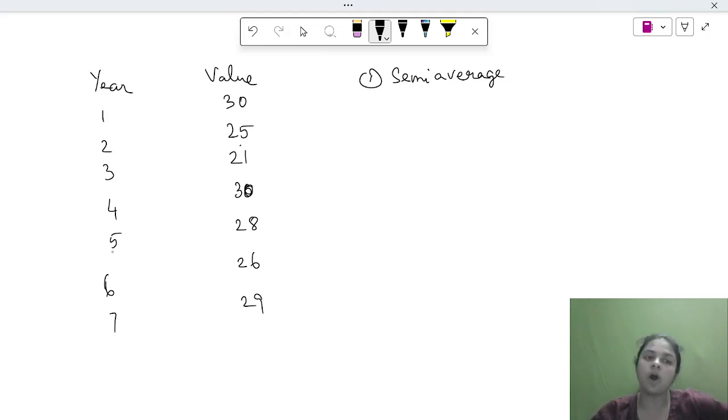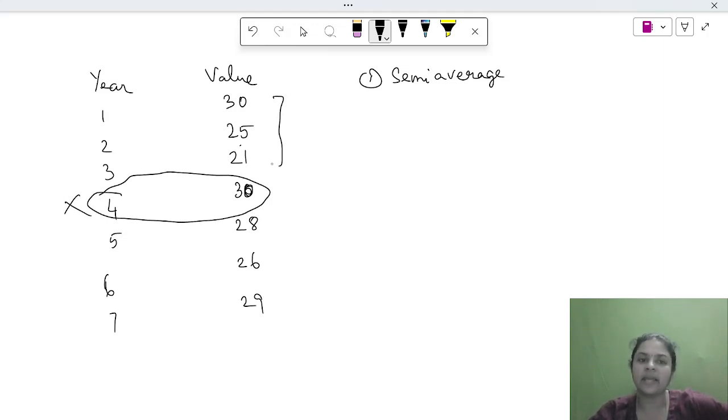Okay. So here it is odd. So when it is odd, what we need to do now? We need to ignore the middle year. Which is the middle year? 1, 2, 3, 4, 5, 6, 7. So the middle year is 4. Ignore it. Take the average of the first 3 and the last 3. So 30 plus 25 plus 21 divided by 3.